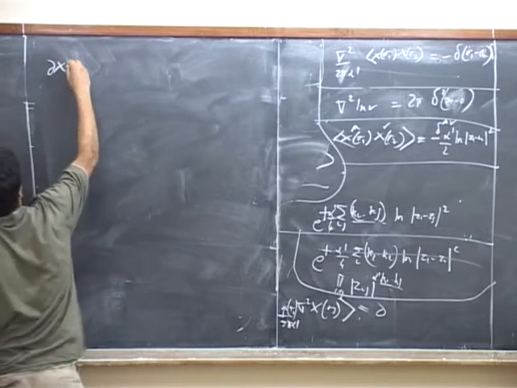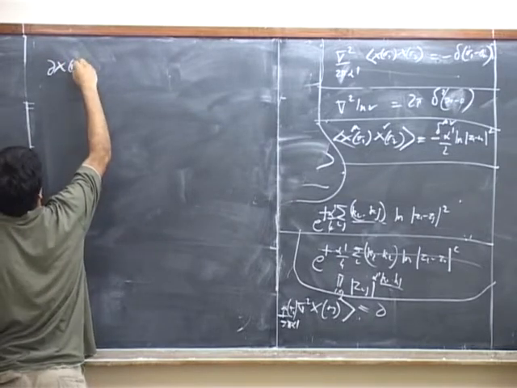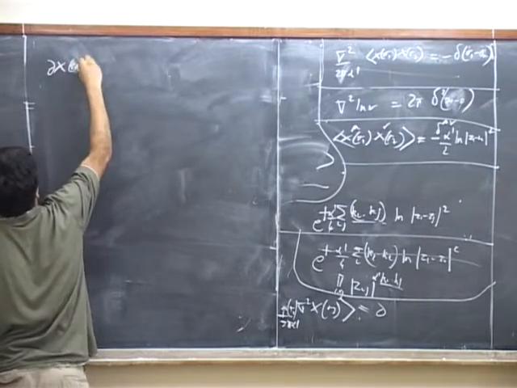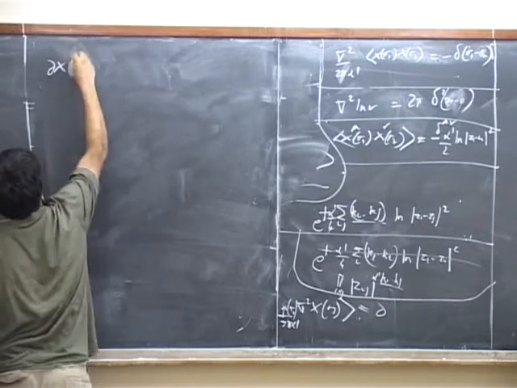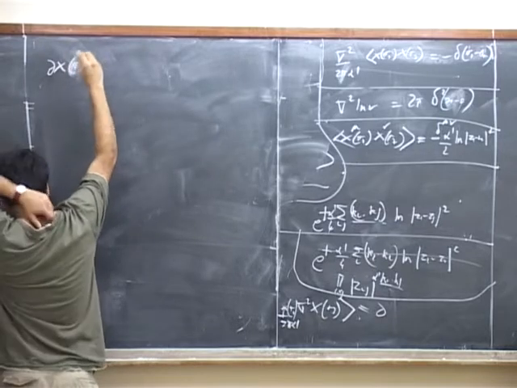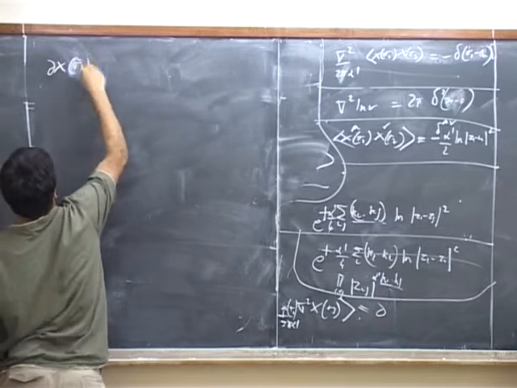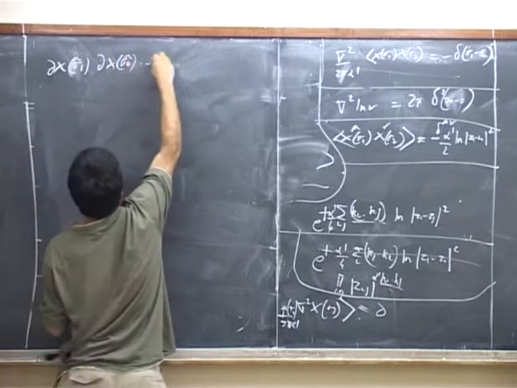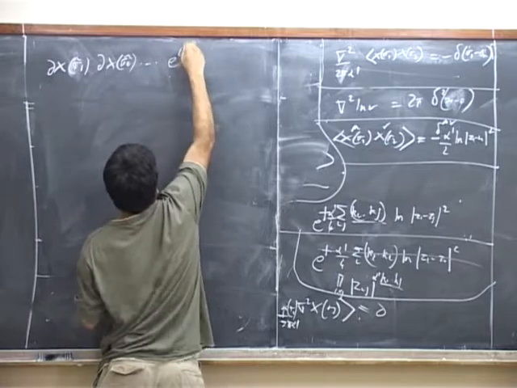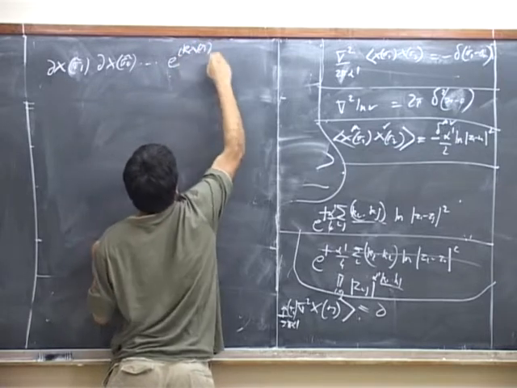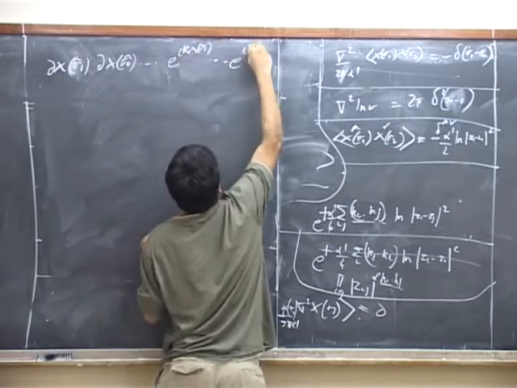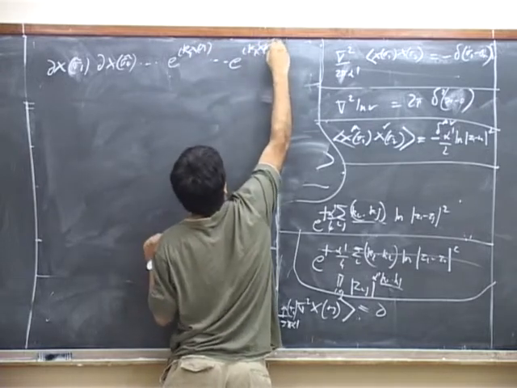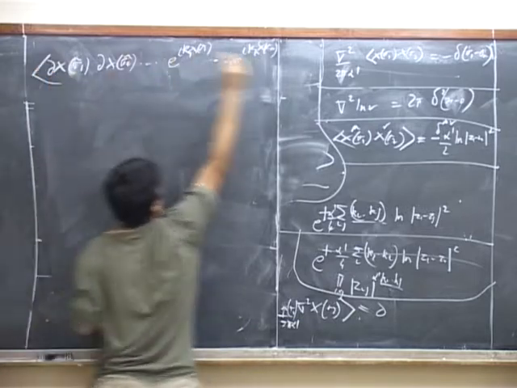Okay, so del x at sigma tilde 1, del x at sigma tilde 2, and so on. And then e to the power i k1 x at sigma 1, and so on up to e to the power i km x at sigma m. We wanted this object.